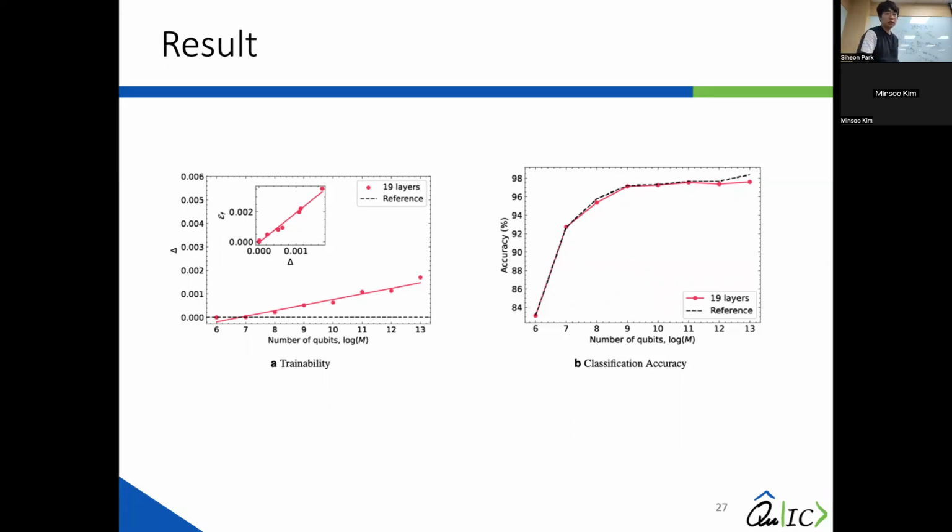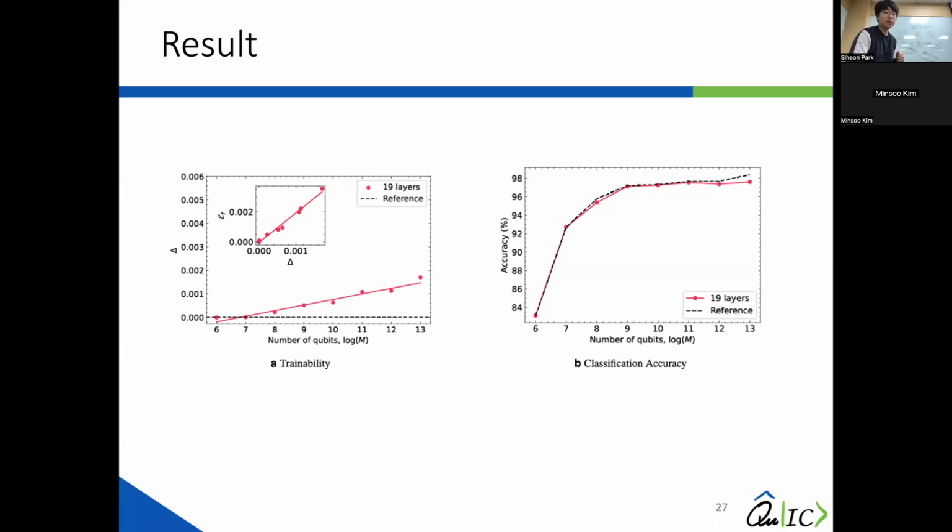So delta increases as the number of qubits increases. To be more exact, I need to analyze the gradient or gradient variance, right? But I did that too, but I don't have a figure right now.